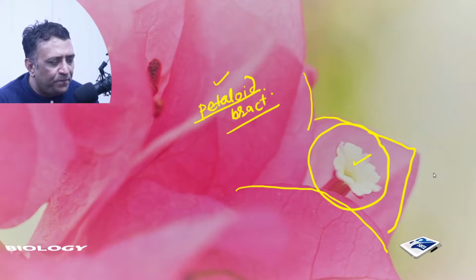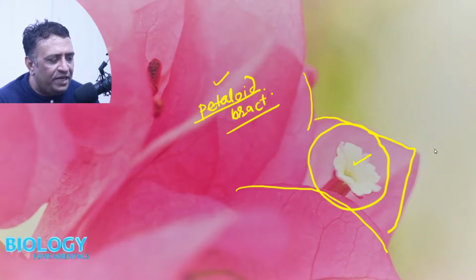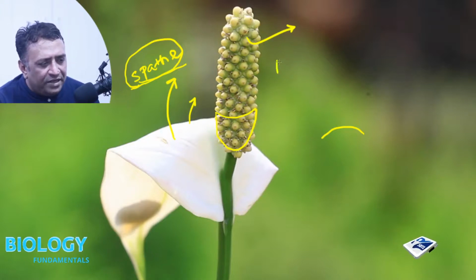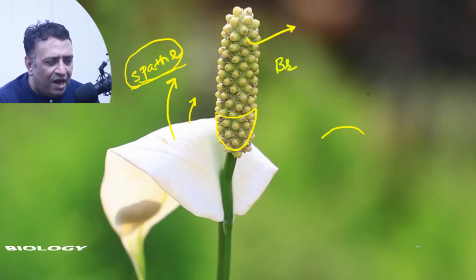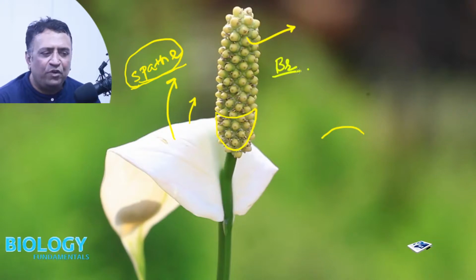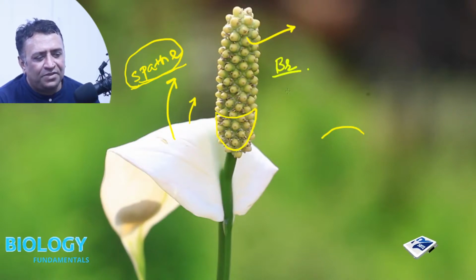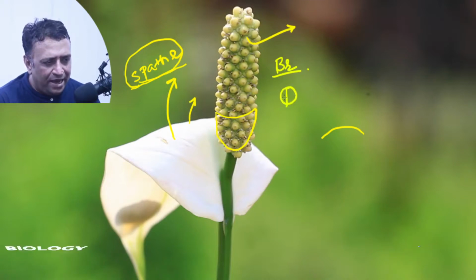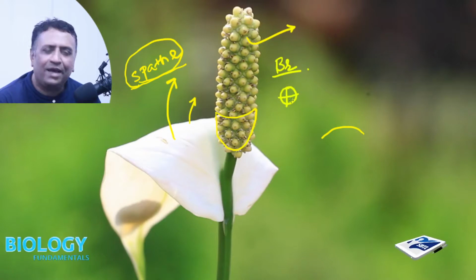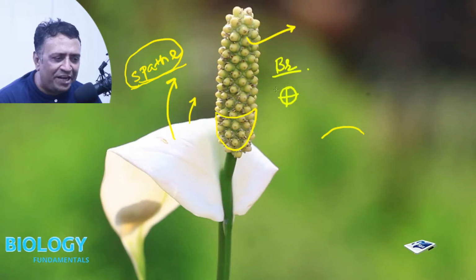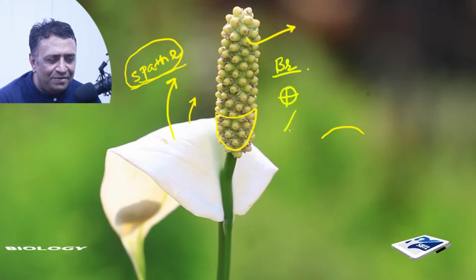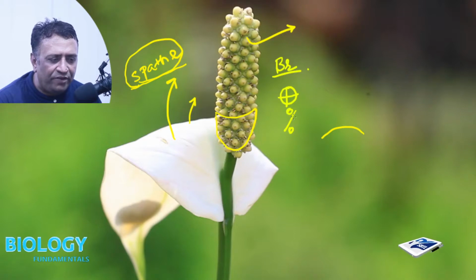Fine. So these were a few variants of bracts, and when we write bracts, let's come to this diagram here. When we symbolically represent bracts, then we write that as BR. If you remember, if the flowers are having symmetry, then they are something like this. They are called actinomorphic. They are represented by this symbol. If the flowers are having bilateral symmetry, then they are called zygomorphic. They are represented by this symbol.